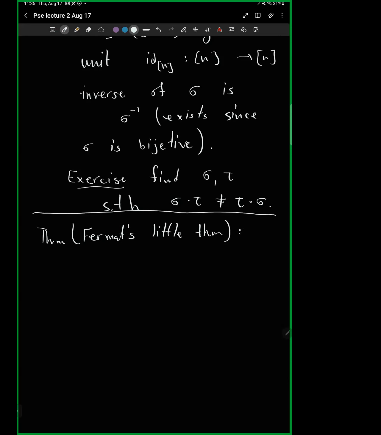And it goes as follows. If P is a prime, and A is some number between 1 and P minus 1, then A to the P minus 1 is equal to 1 mod P.